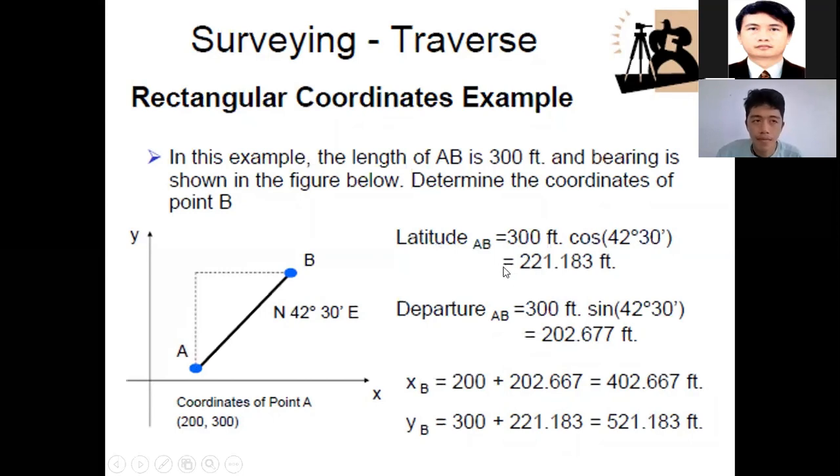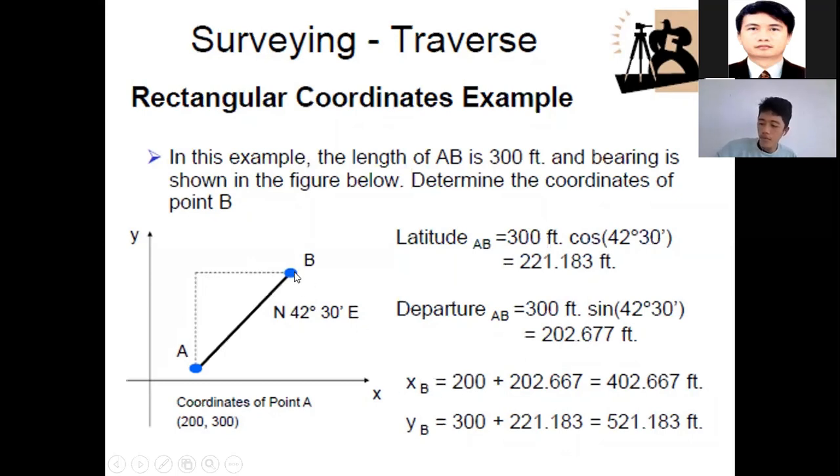Now for the departure, along the east-west direction, we're after this component. Given this angle and the length, we have to use the sine function. It's a right triangle, so we can determine the departure value as 202.667.